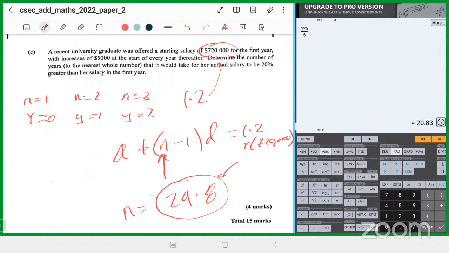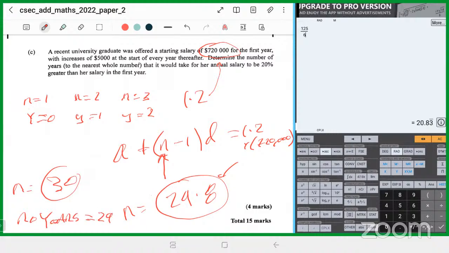The N equals 30. It means the number of years equals 1 less. 29 years pass. Because this is the 30th salary.